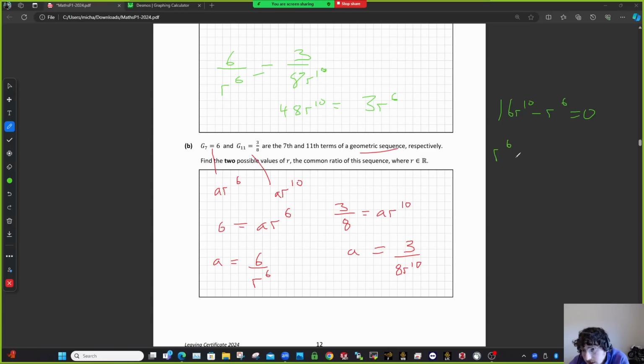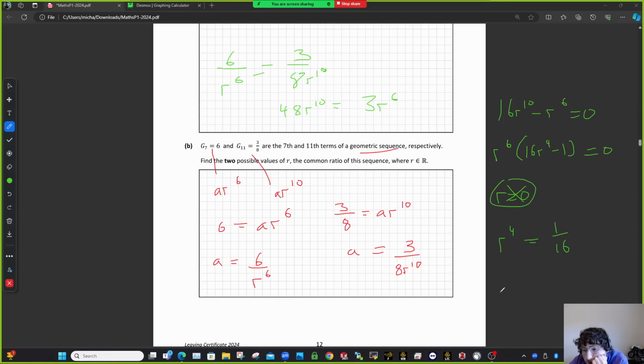Factor out an r to the 6. Go bracket, 16 r to the 4 minus 1 equals 0. This is 0 if r to the 6 is 0, so r is 0 from this here, but that's not a valid answer because r will be non-zero. So we'll throw that one away. The other solution is when r to the 4 equals a 16th. You get that by setting 16 r to the 4 minus 1 equals 0 and moving it around.